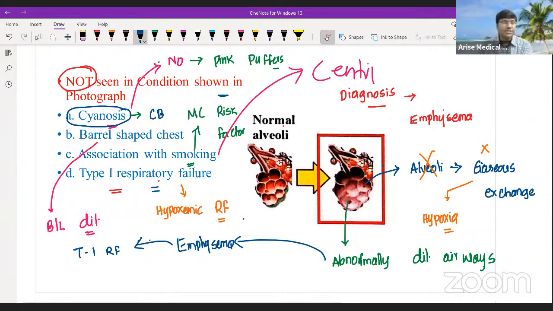Next, association with smoking is seen in centriacinar emphysema. Now, can anyone tell me what is the risk factor for the development of panacinar emphysema?